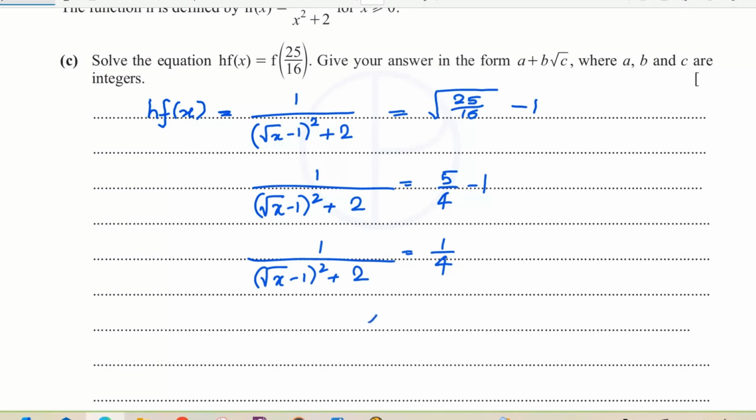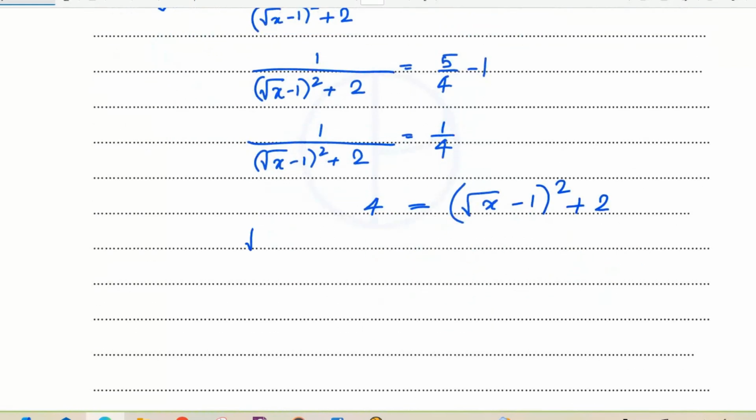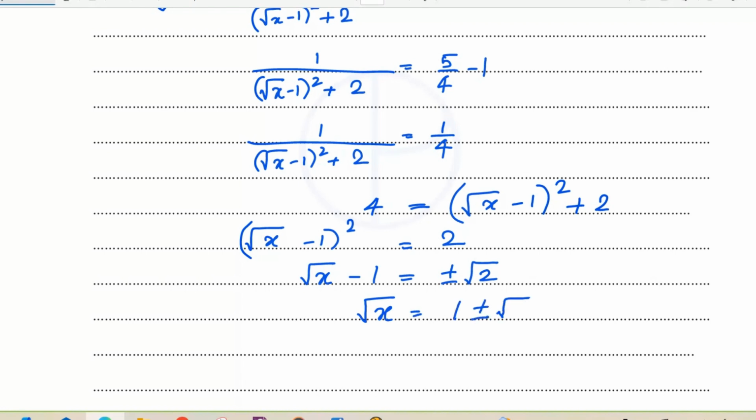This can be written as 4 equal to square root of x minus 1 the whole square plus 2. Or we can write this as square root of x minus 1 the whole square equal to 4 minus 2, which is 2. Square root of x minus 1 equal to plus or minus square root of 2. So square root of x equal to 1 plus or minus square root of 2.